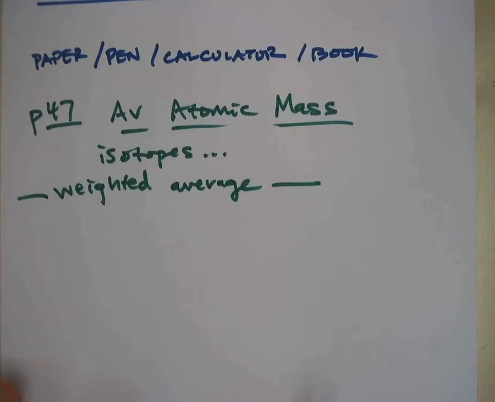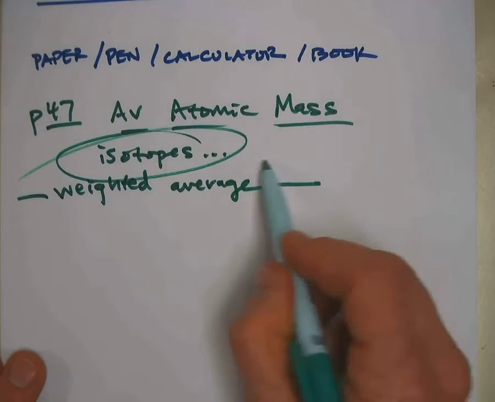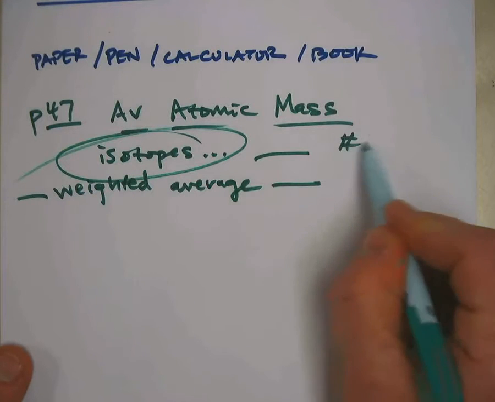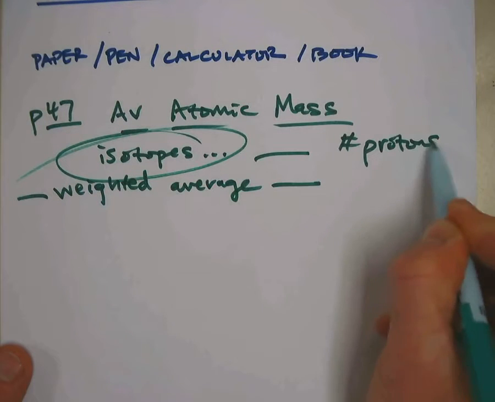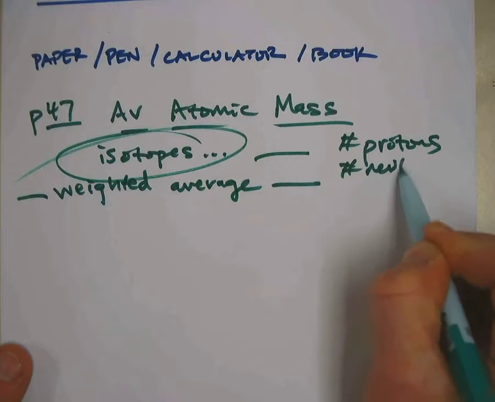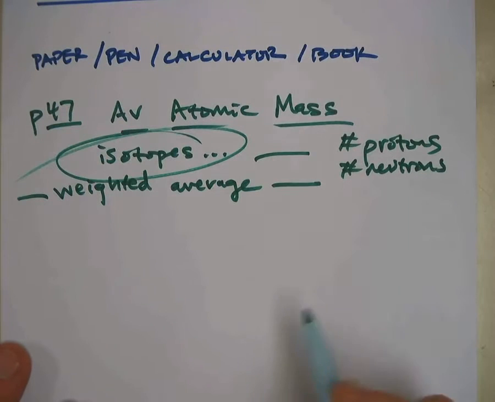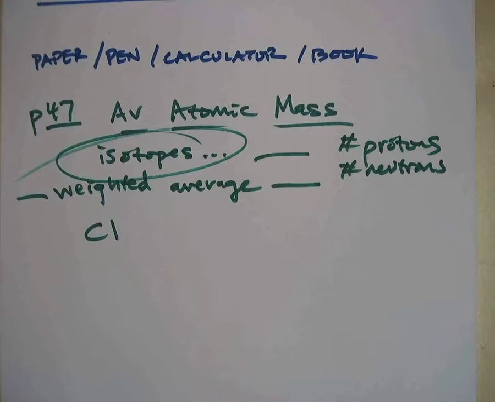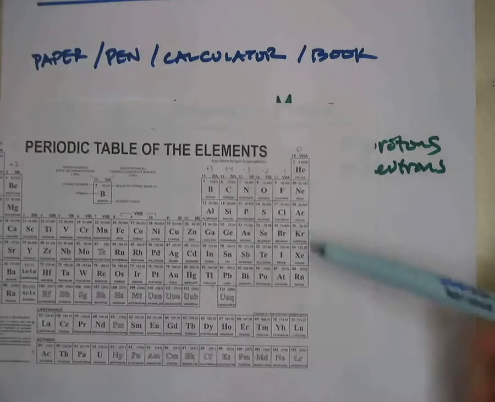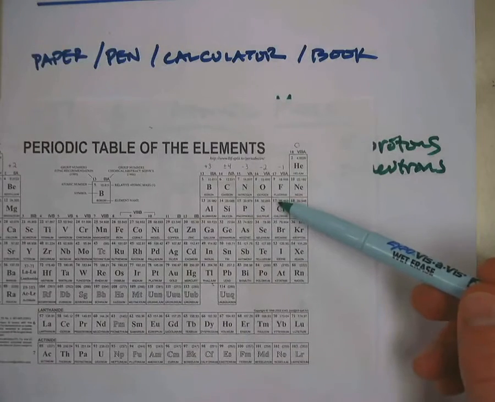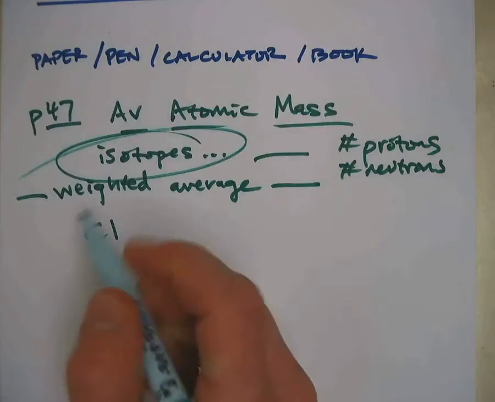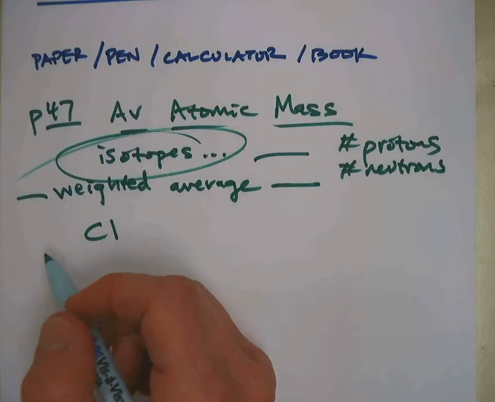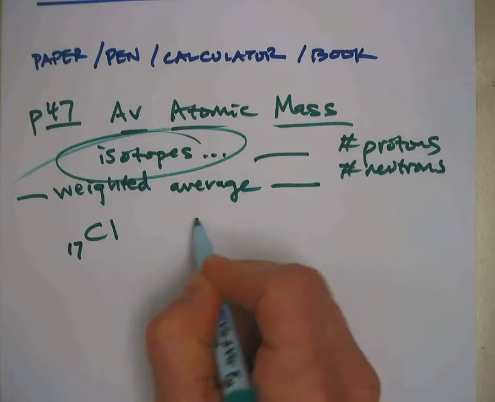First of all, what is an isotope? An isotope is an atom that has the same number of protons but a different number of neutrons. For example, the element chlorine, if you look on the periodic table in the upper right-hand corner, has an atomic number of 17, which means that it has 17 protons.